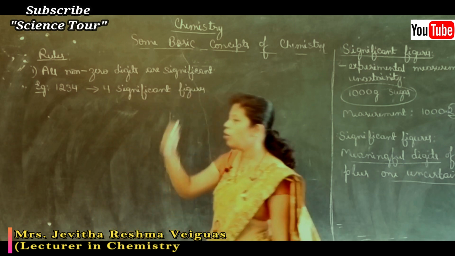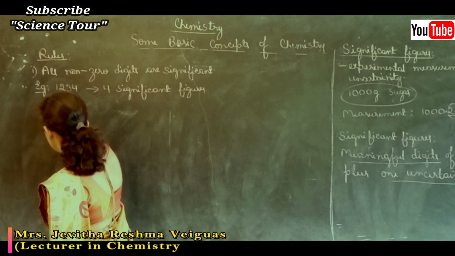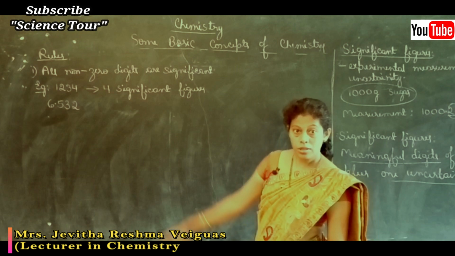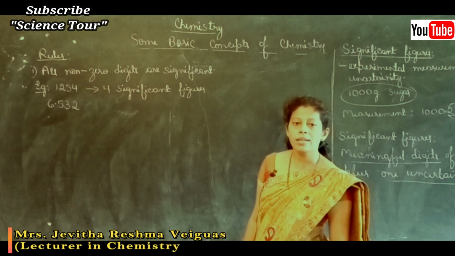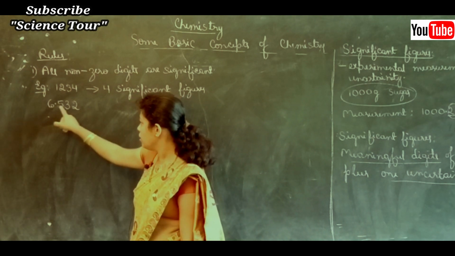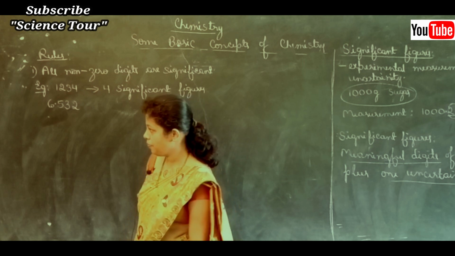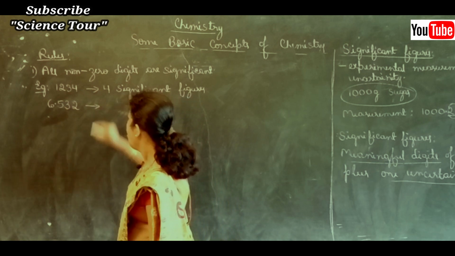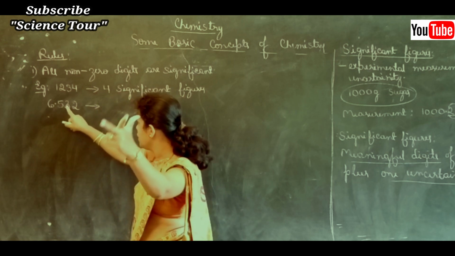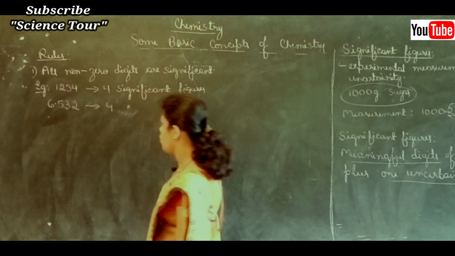Let's have one more number. Let's take 6.532. See, here I have taken a number which has a decimal point. But look at the number. All the numbers are non-zero digits. So how many significant figures do I have? 6, 5, 3, 2. Totally I have 4 significant figures here also.